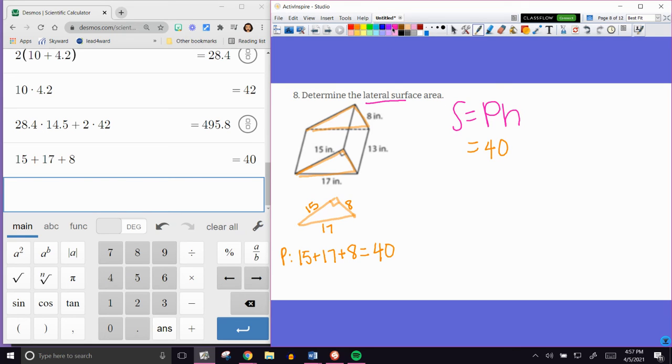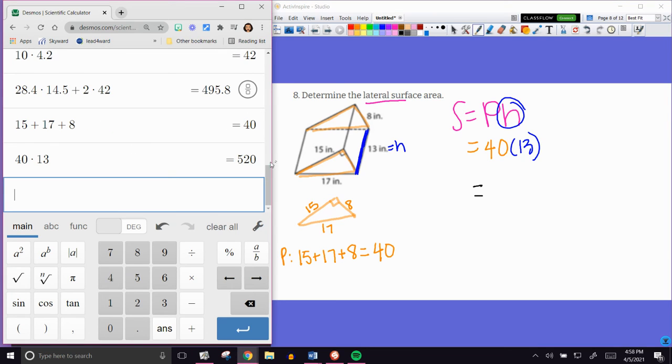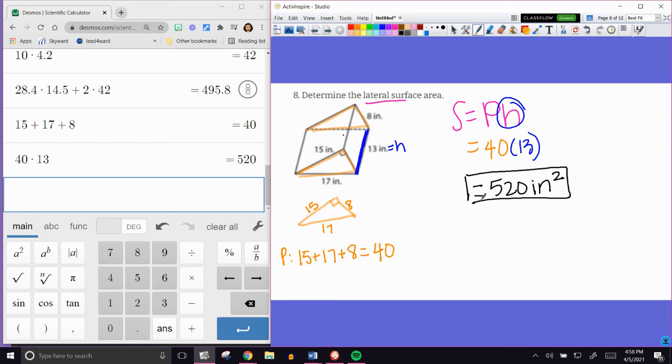And then again, my height is lowercase, so it's my distance between my two triangles. So 13 will be my height. And when I plug in 40 times 13, I get 520 inches. And these are squared because it is surface area.